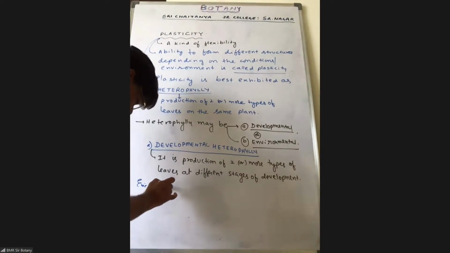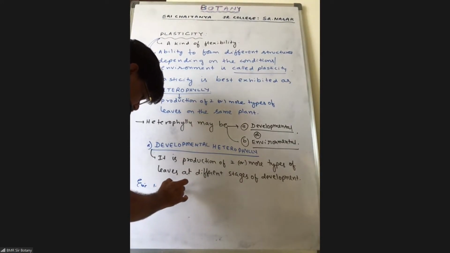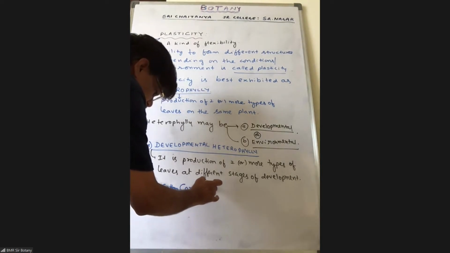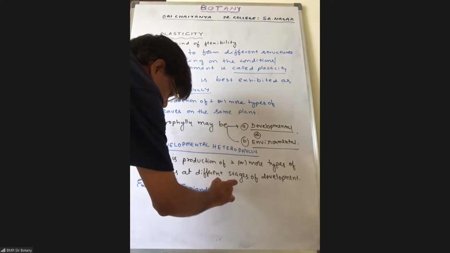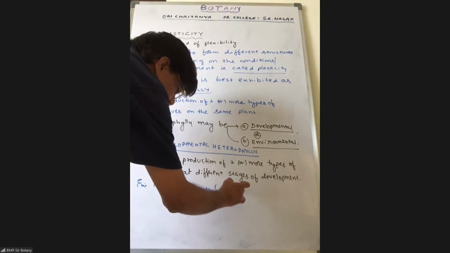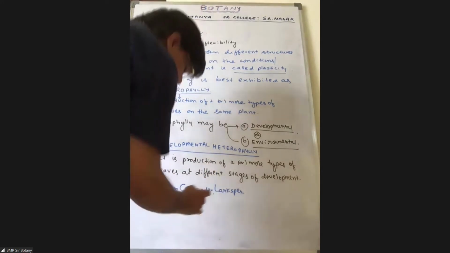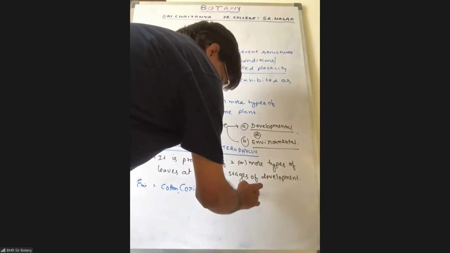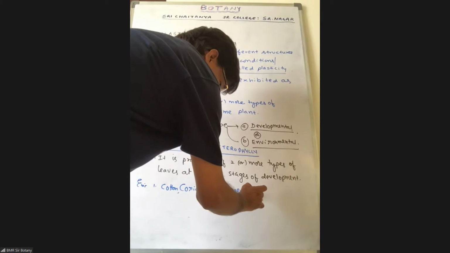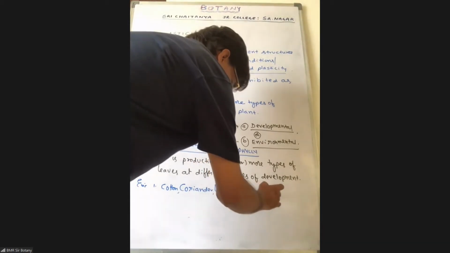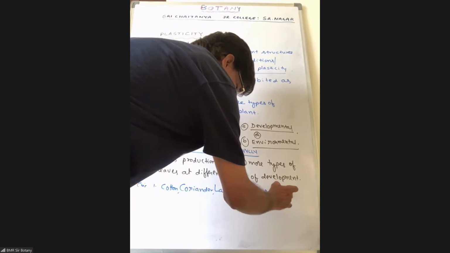Example 1: cotton, coriander, larkspur. It can even be dolichos, the bean plant. It can even be Australian acacia.